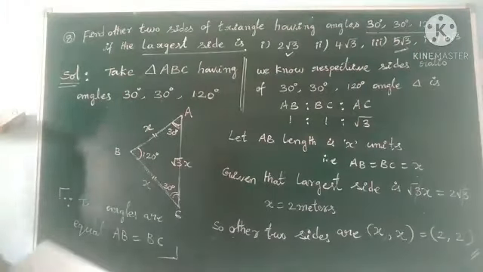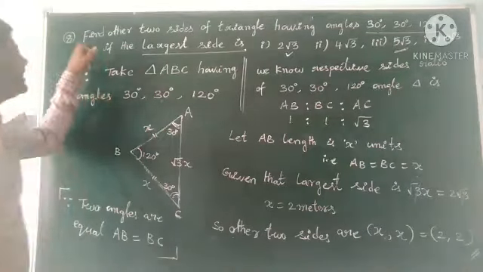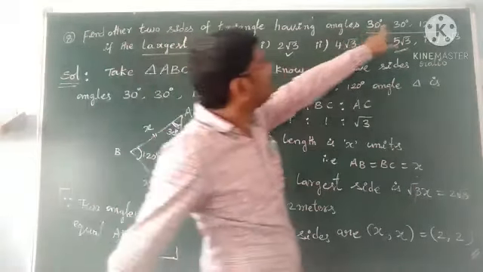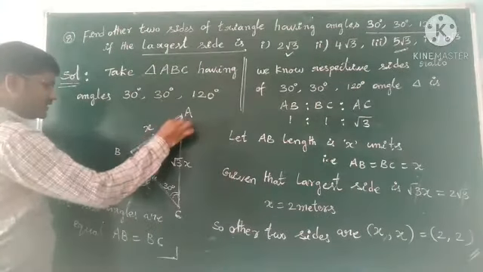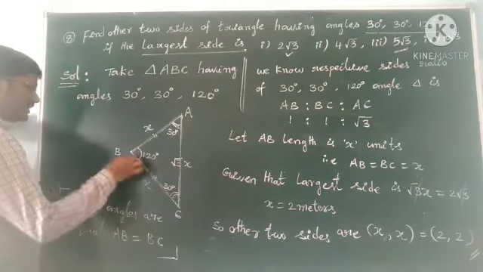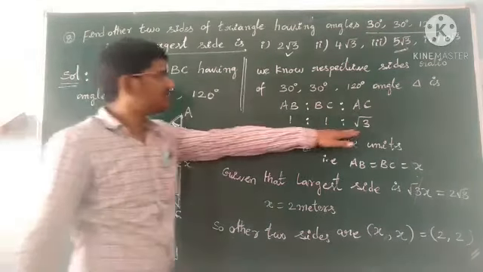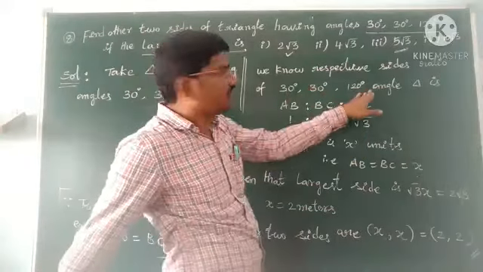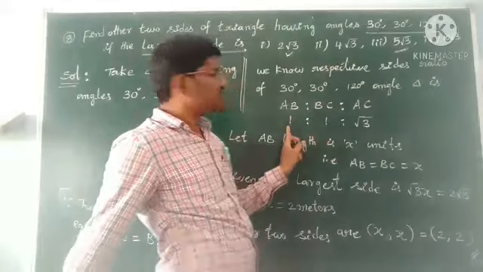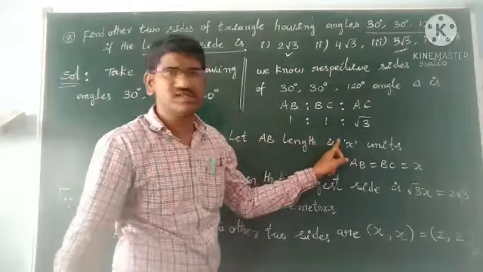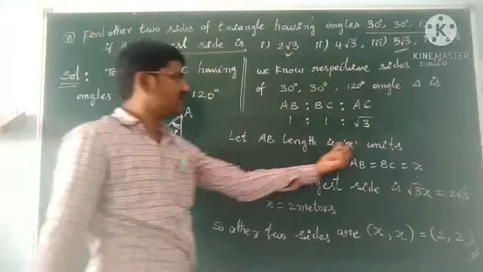Now again the story is the same, my dear students. Find the other two sides of a triangle having angles 30, 30, 120 degrees. The ratio AB to BC to AC is 1 is to 1 is to root 3, and one of the lengths is x units.